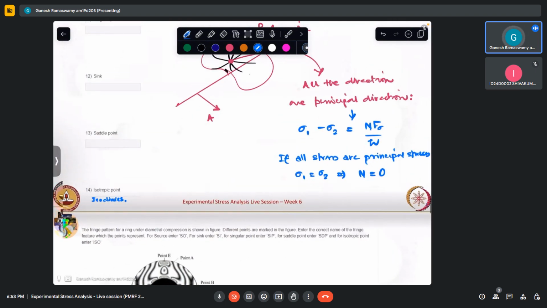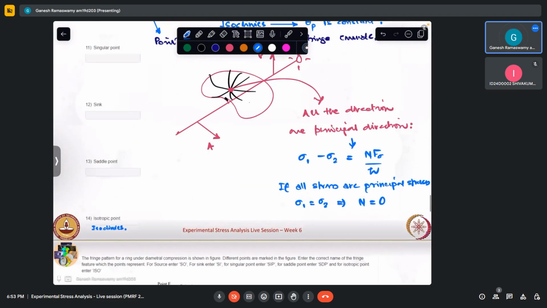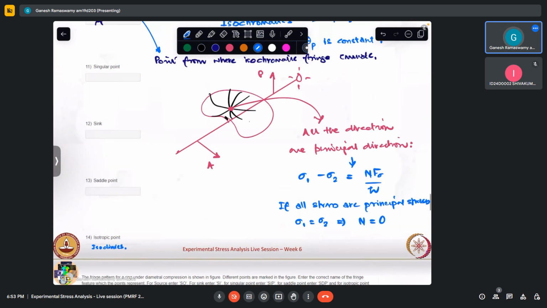I jumped an option in order to explain the difference between an isotropic point and a singular point. Now it will so happen that this phenomenon of all the isoclinics passing through a single point will also be observed at the loading point, wherever this thing is loaded. For example, if I take a disk and load it, we generally see that the isoclinic fringes are like this for 0.